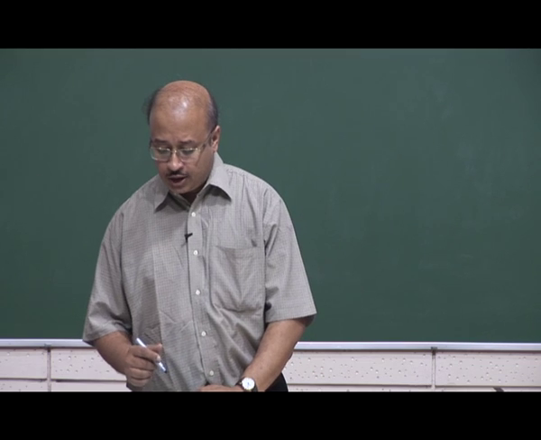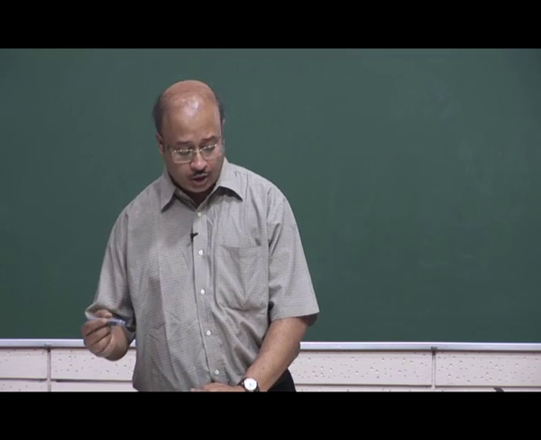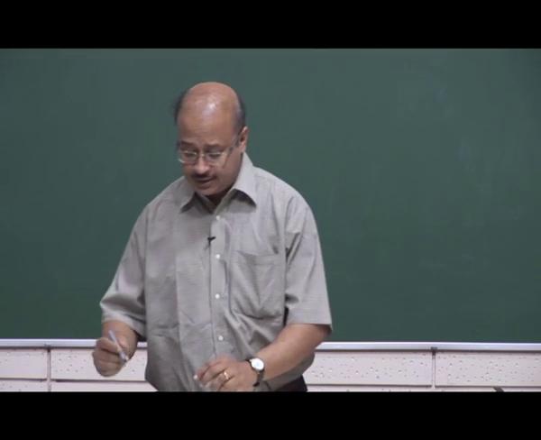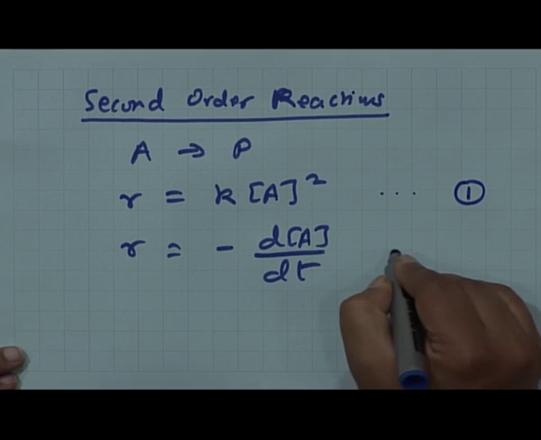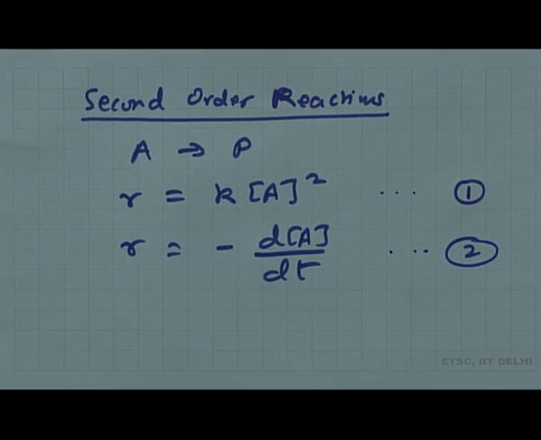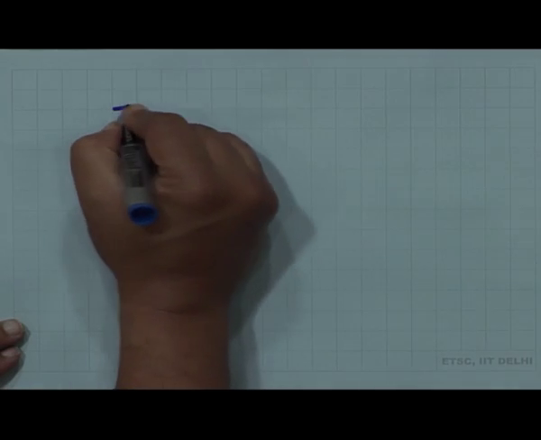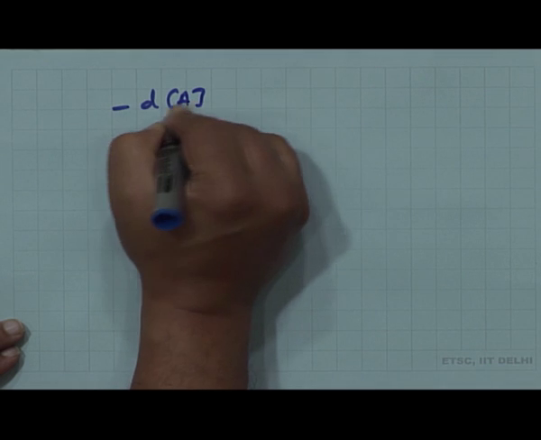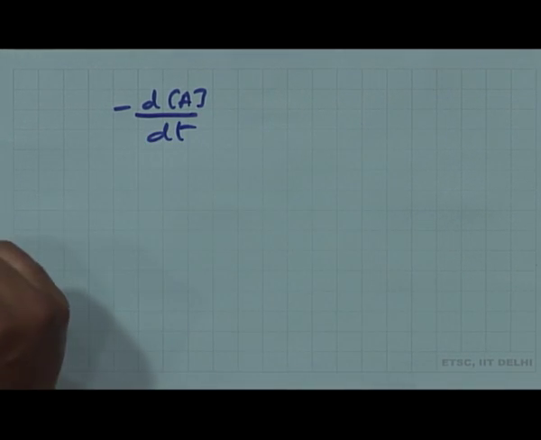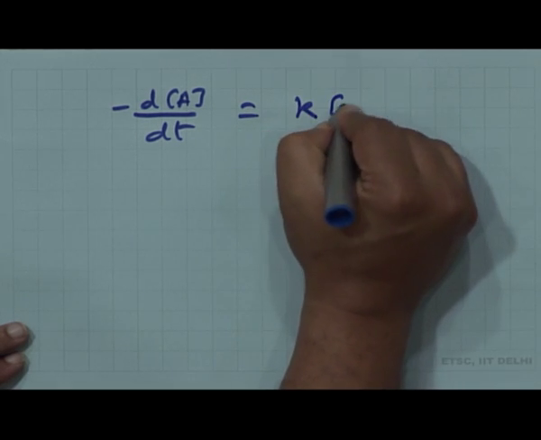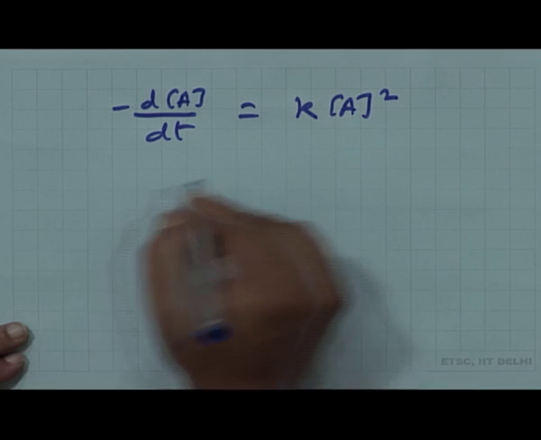Okay. So, in this case, I will just start with this, say this is 1 and this is 2, for this second order reaction. Now we equate both sides. We have two different expressions for rate, and we say that minus d of A over d of t is equal to k times A squared, right.